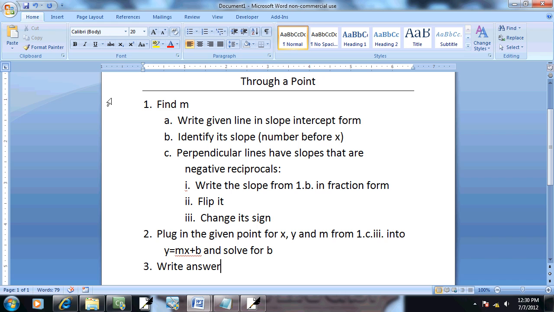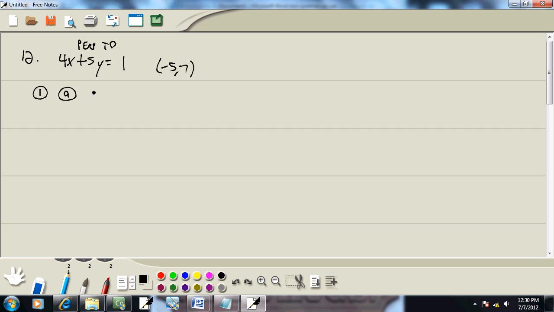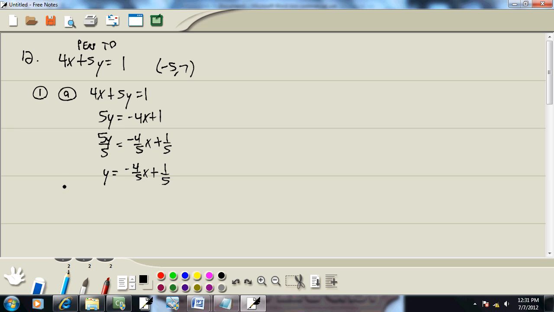It says write the given line in slope-intercept form. So we've got 4x plus 5y is equal to 1. We want to solve this for y. So I'm going to take the 4x to the right side. We get 5y is equal to negative 4x plus 1. And then divide everything by 5. And we get y is equal to negative 4/5 x plus 1/5.